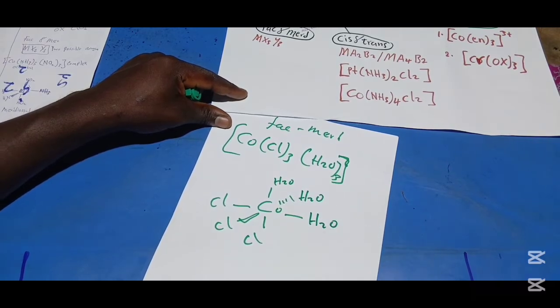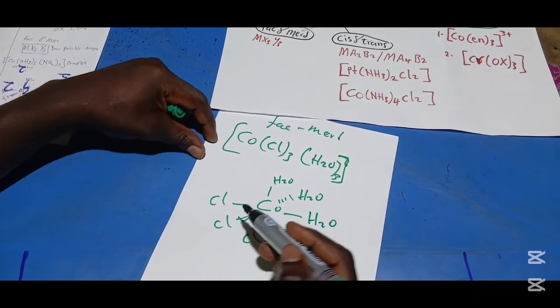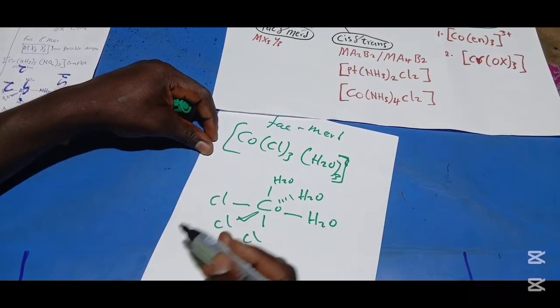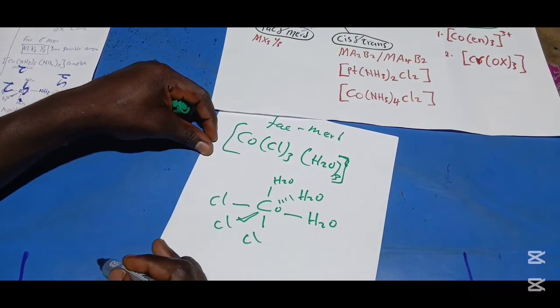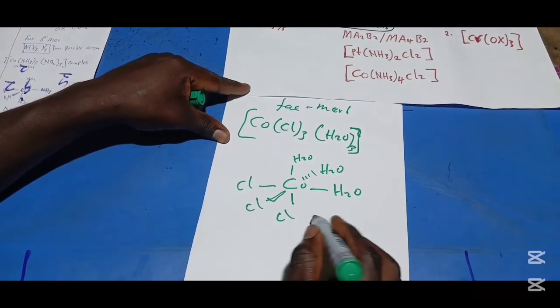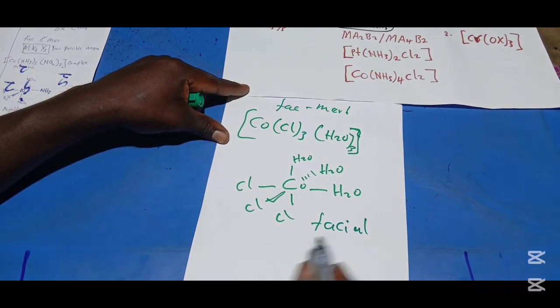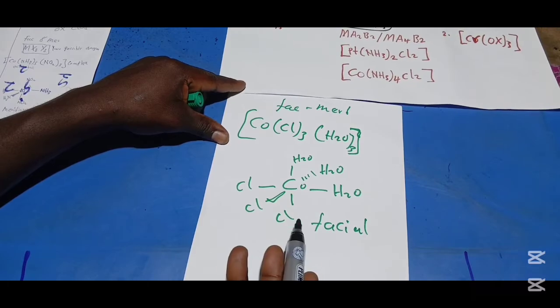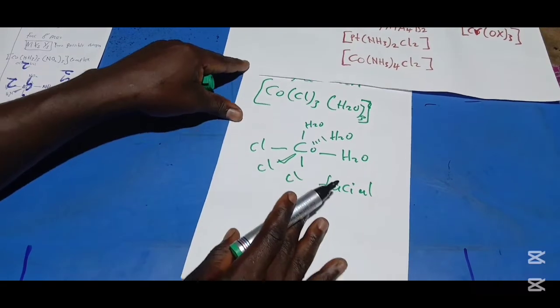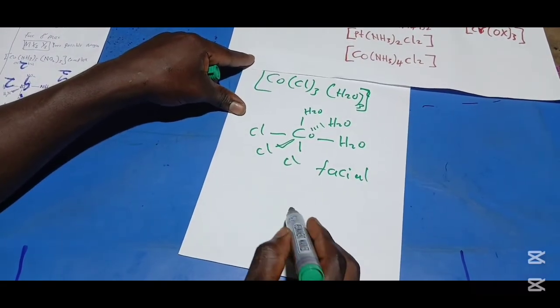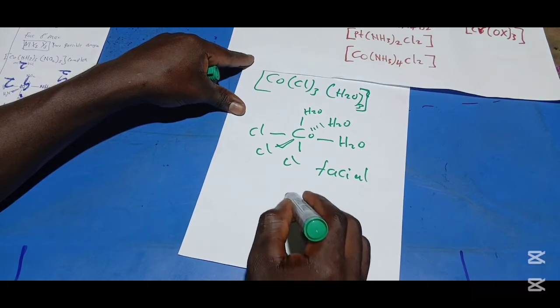You can see that the water ligands are facing the same direction and the chlorine ligands are facing the same direction. For this one, we call it the facial, which is the Fac isomerism. There can also be a situation where we will have cobalt like this.